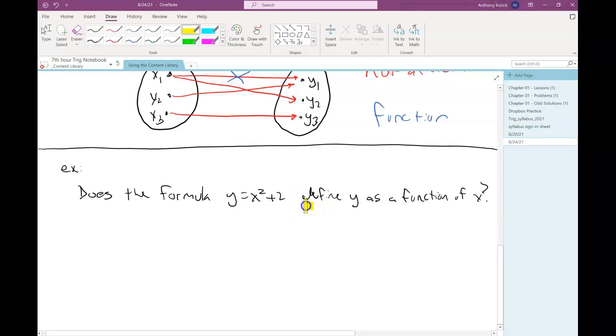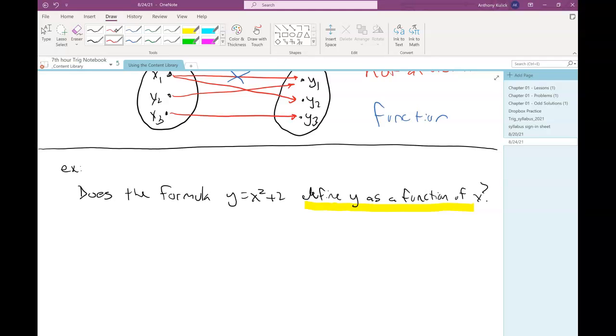So this little phrase at the end is interesting, right? What is this really telling us or implying to us? All it's doing here at the end is being very specific about which variable is the independent and which is the dependent variable. Now, when we look at y equals x squared plus 2, we would assume that y is the dependent variable and x is the independent variable, right?